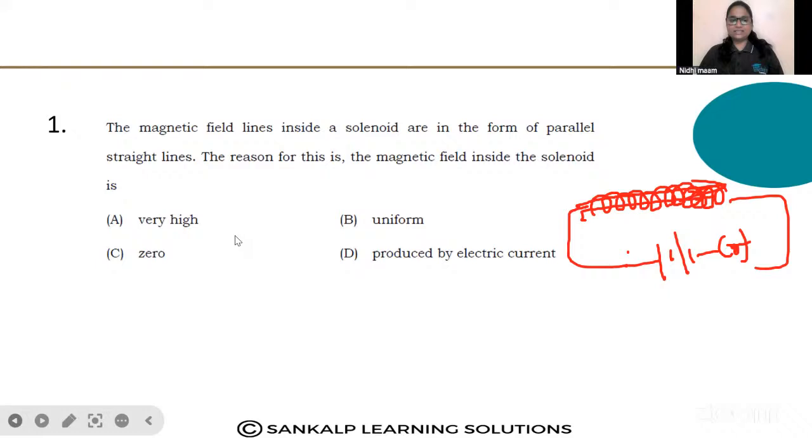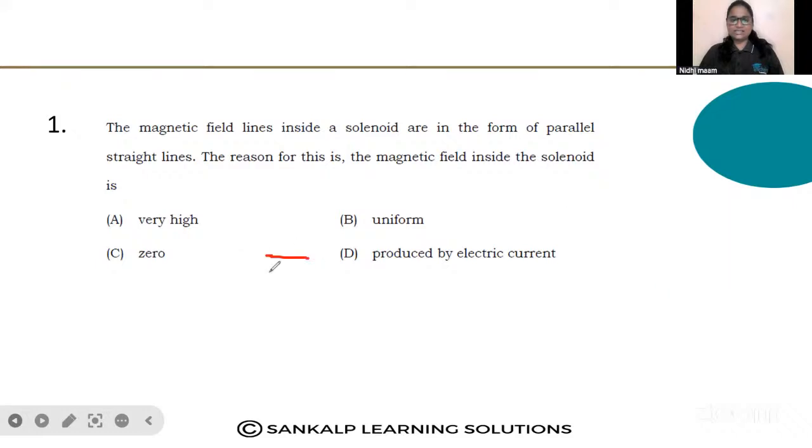Parallel to one another means they are equidistant from one another. If the distance between the first and second magnetic line is 1 centimeter, the distance between the second and third will also be 1 centimeter. Like this, the magnetic lines will be present in the solenoid.